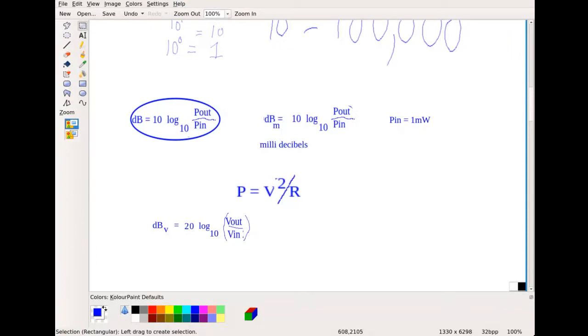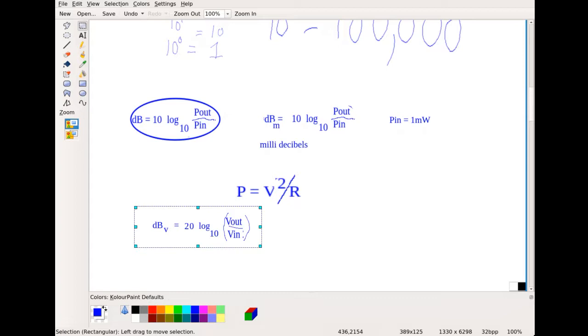If we let Vn be our reference of 1 volt, then we're taking the log base 10 of the voltage out and multiplying that by 20, and that'll give us our number of decibels. That's the equation he's given us there on page 963, equation 22.12.